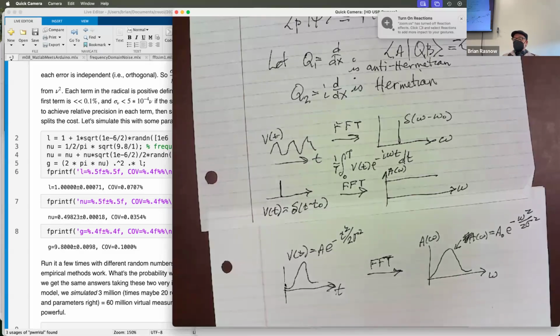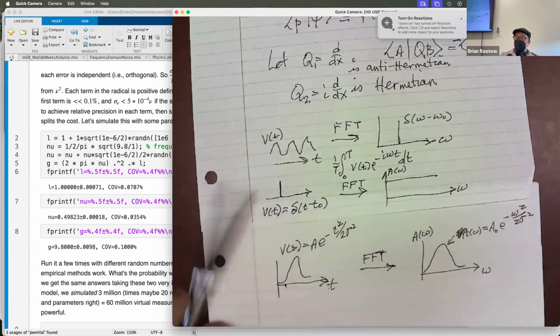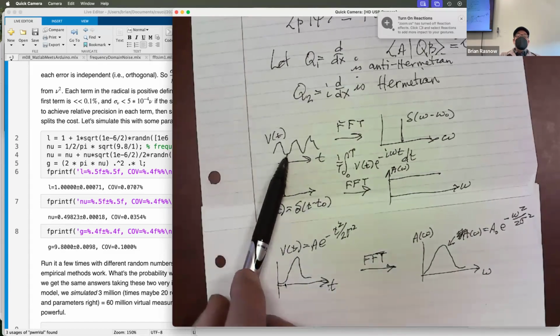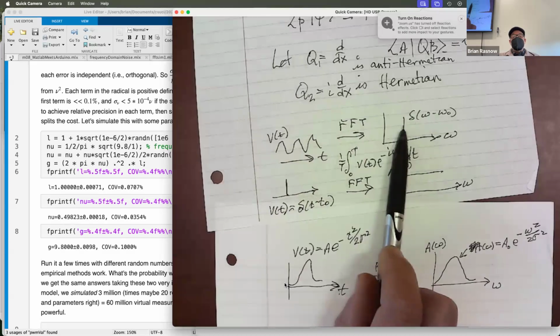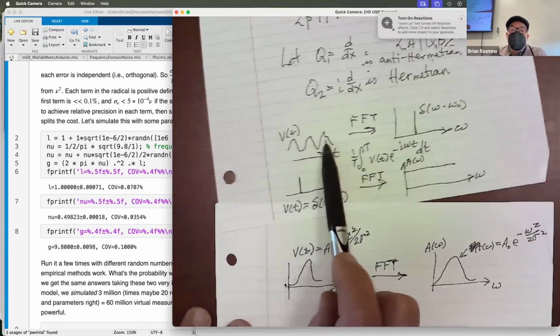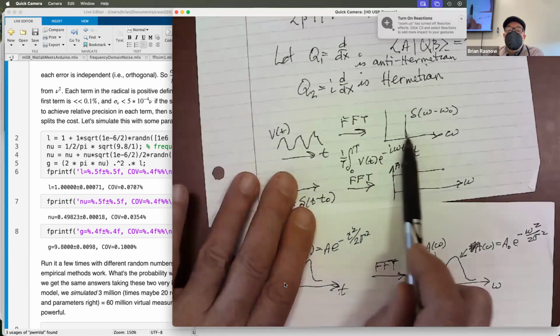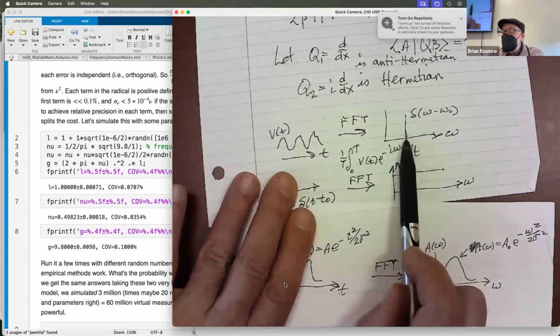Where this is super important practically, in electronics, is if I have a signal at frequency omega naught, and I want to characterize the signal, and it's contaminated with noise, then the Fourier transform is a powerful way to concentrate all my signal into one tiny little region of frequency space.